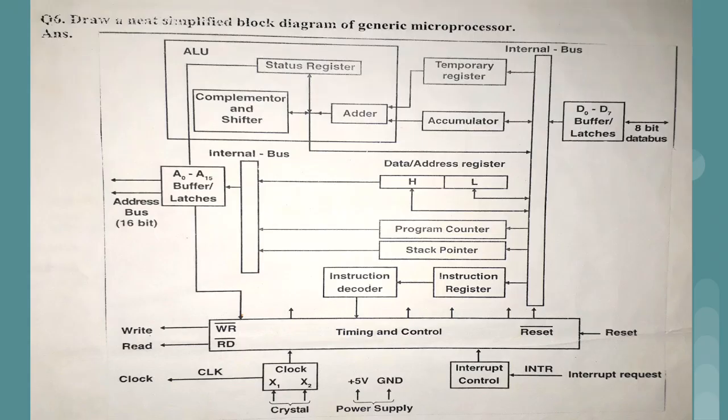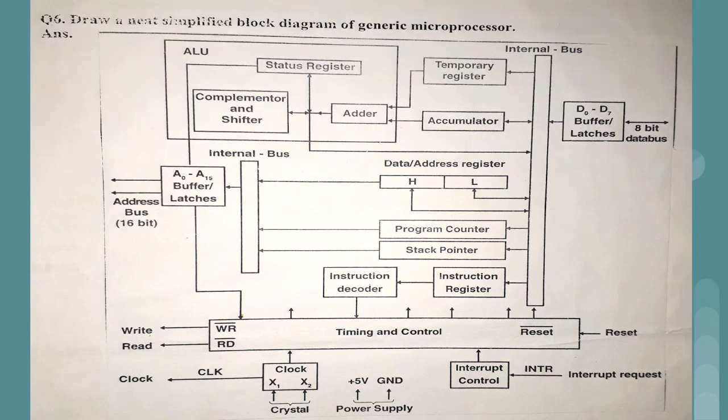The next question is, draw a neat simplified block diagram of a generic microprocessor. This is a very huge diagram. My suggestion to all my students is to skip this particular question, because it is very difficult to remember the components. Even if we remember the components, it will take a lot of time to draw the diagram.